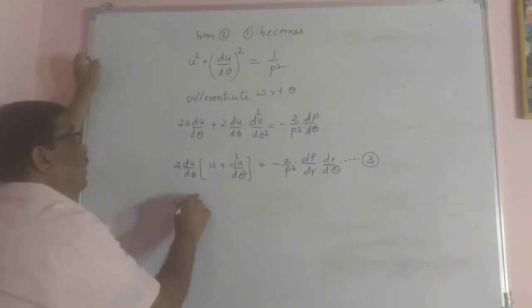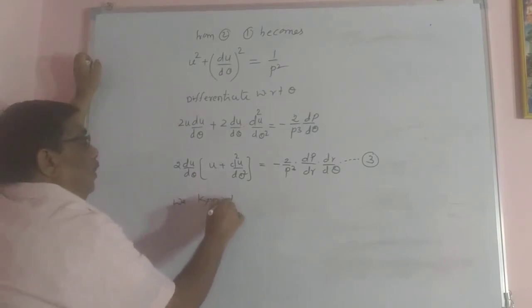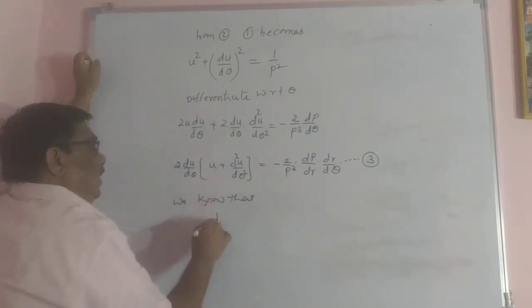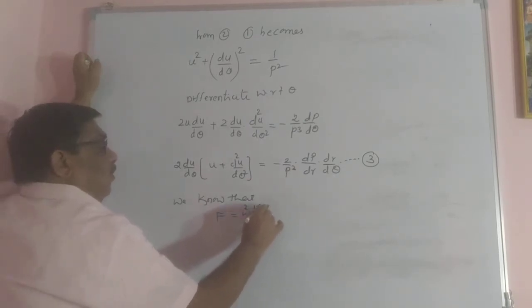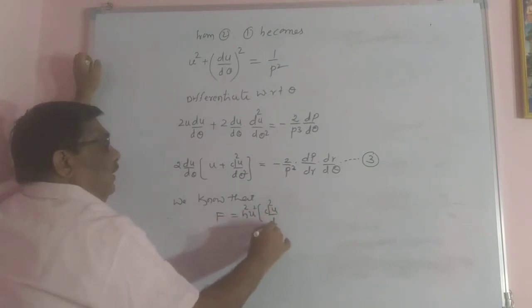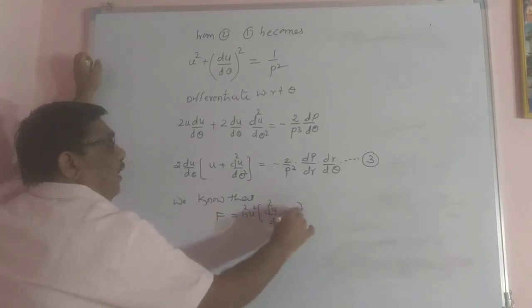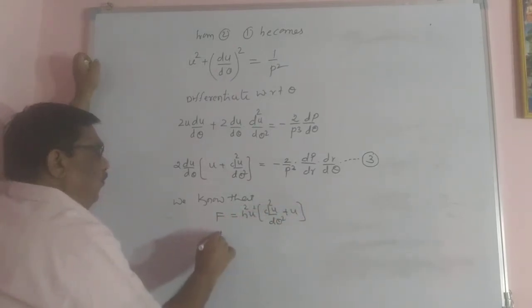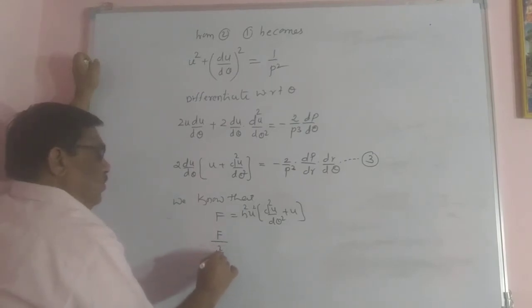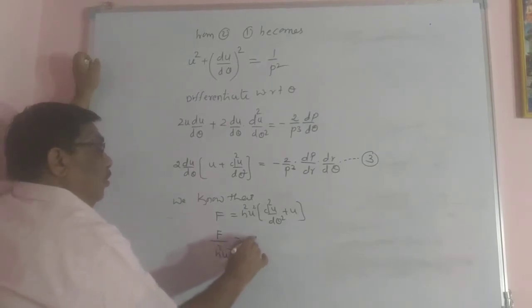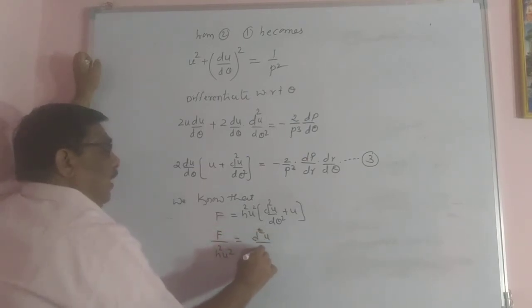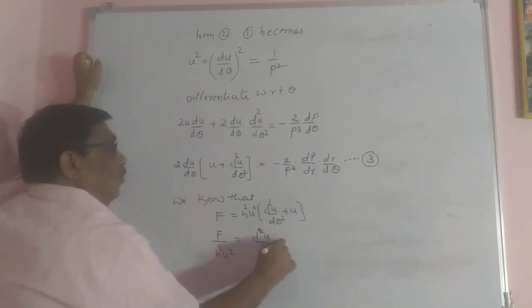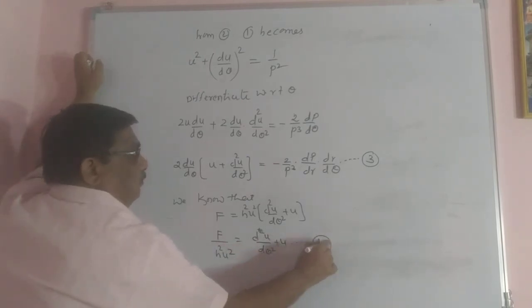We know that central force F equal to h square u square into d square u by d theta square plus u. Already we have proved it. So F divided by h square u square equal to d square u by d theta square plus u. Call this equation number 4.